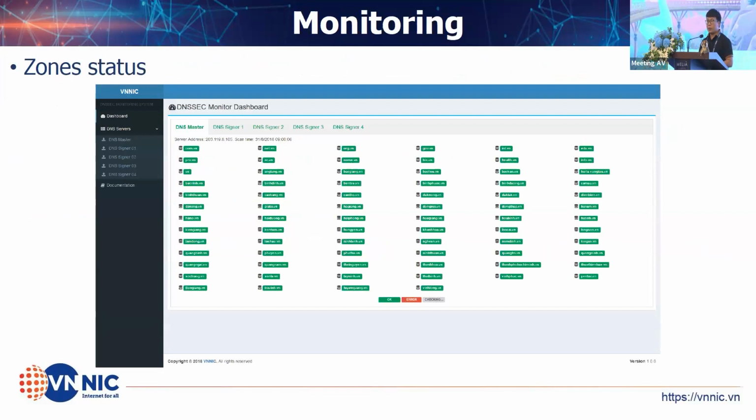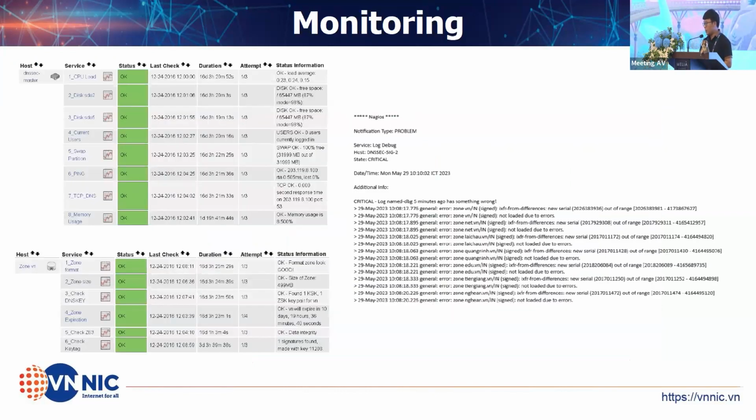We use the log debug in the binary to detect issues in the DNSSEC key rollover process. We are monitoring the log and the status of the zone and of the servers.